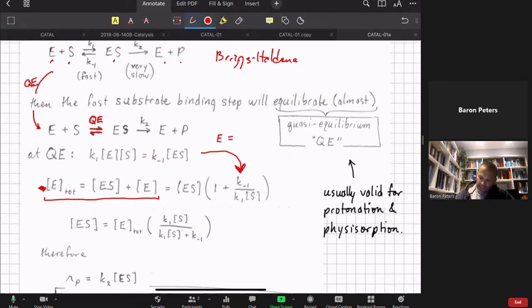So E is equal to K minus 1 ES divided by K1 times S. And indeed, we can factor out the ES out front, and we're left with K minus 1 over K1 S. So that checks out. And then now we know that we can go through and solve for the ES, and that gives us ES is equal to E total times 1 over this thing in brackets here.